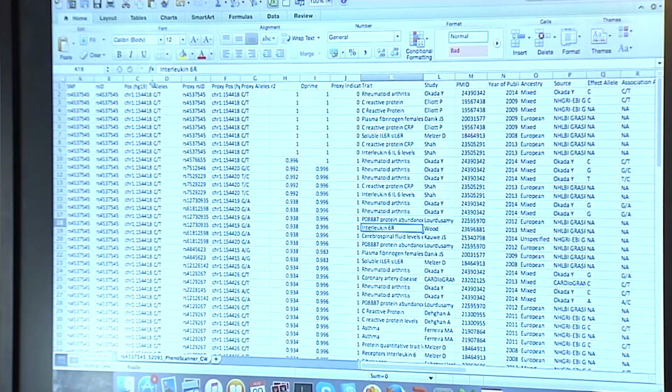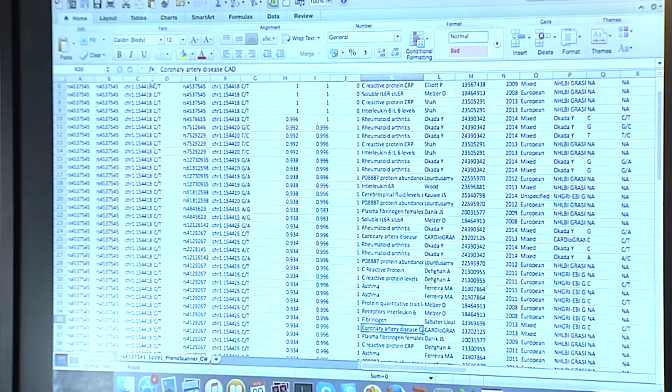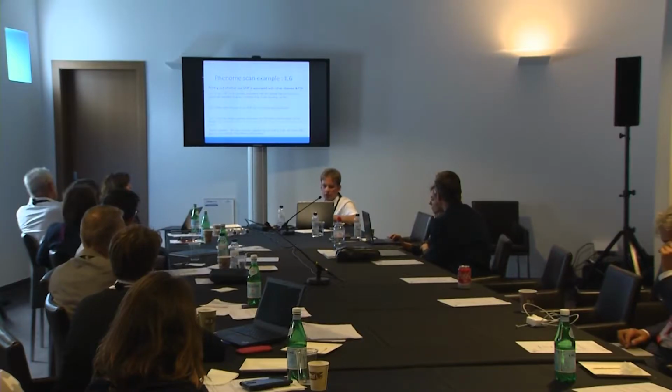It's involved in levels of C-reactive protein. We find the disease back for which we found this drug, rheumatoid arthritis. But if you go down, this particular SNP is also involved in asthma, and if you go further down, also in coronary heart disease. So the hunch you would get is, maybe this would be a useful drug that we could repurpose for coronary heart disease, just to get an idea.